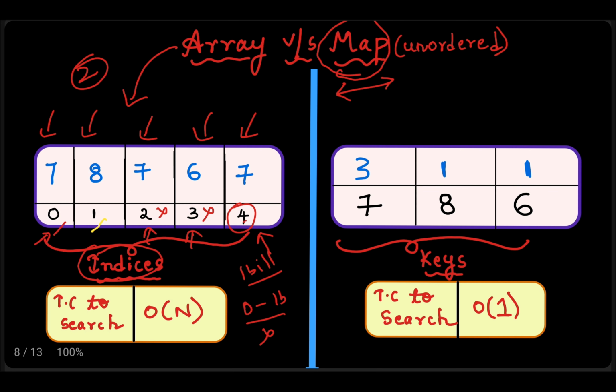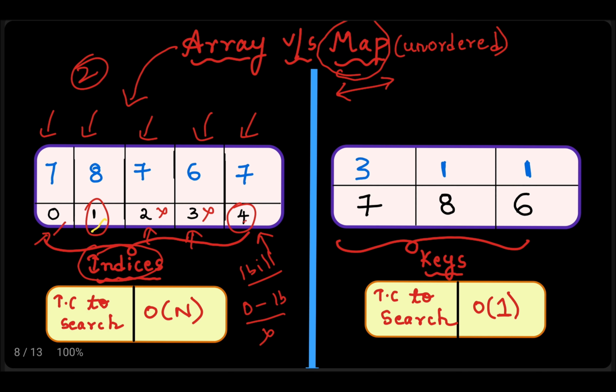The second problem is that here we are dealing with numbers. Suppose instead of 1, I need a different index name like a character or string such as apple. I cannot do it in an array. I need to start from 0, 1, 2; they're only numbers and I cannot skip.